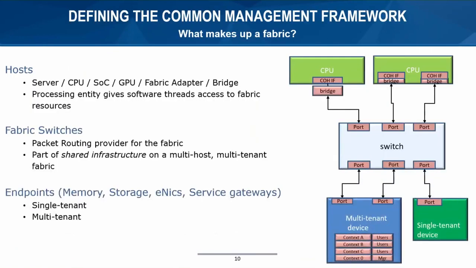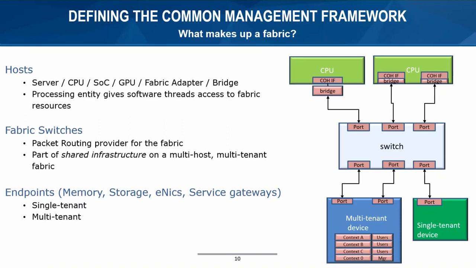Let's be clear about what our fabric contains. First, there are hosts. These are really bridges that enable threads of execution to establish some state or maintain some state on various fabric endpoints or the host bridges, and manipulate data or move data. And then there are the fabric switches, which generally just pass through or relay packets, but sometimes do some processing or filtering of packets as they flow through.